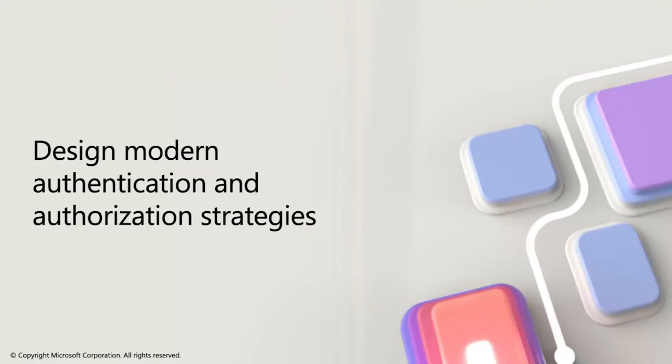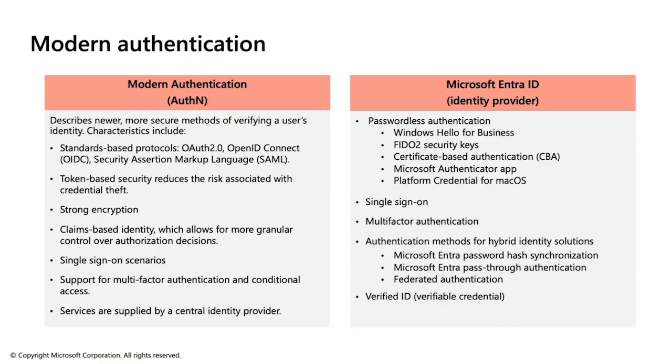Now, when we talk about modern authentication and authorization strategies, what do we have? In Entra ID, we have modern authentication options. Microsoft Entra ID provides different kinds of authentication support based on standard protocols like OAuth 2.0, OpenID Connect (OIDC), and SAML, Security Assertion Markup Language.